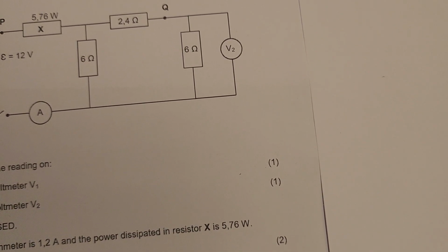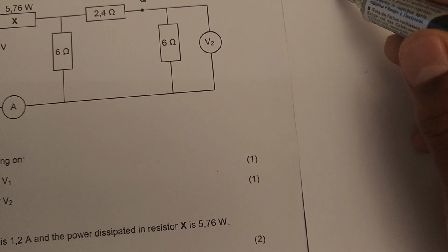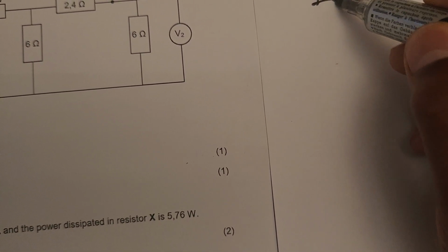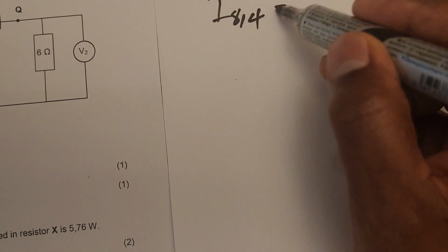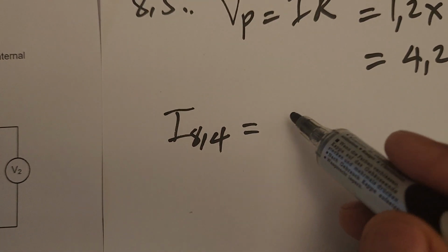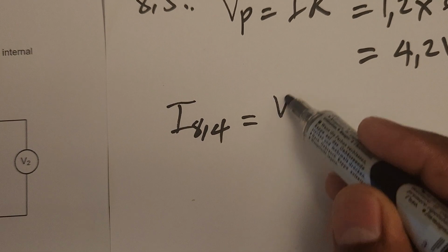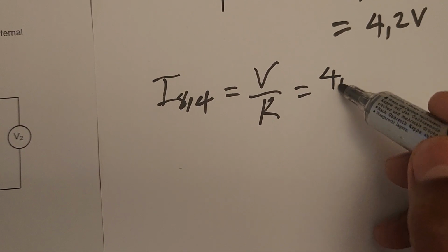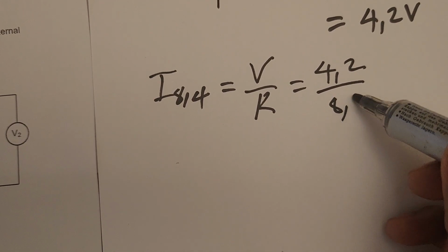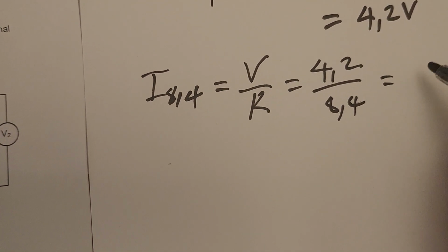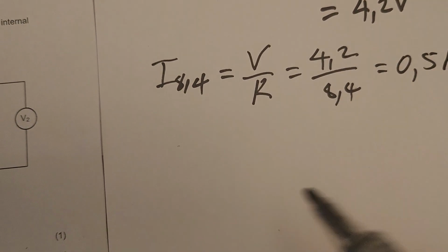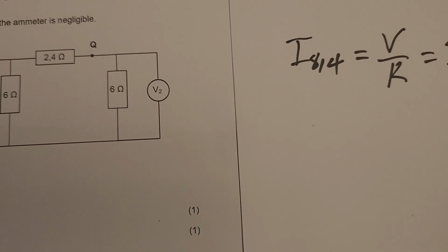You can do that. Let's go for that route and say, what about the current through the 8.4, of which 6 is part? Then it will be V over R, which is your 4.2 divided by 8.4. Therefore the answer will be 0.5 amperes. Therefore the current flowing through the 6 ohm is 0.5 amperes.